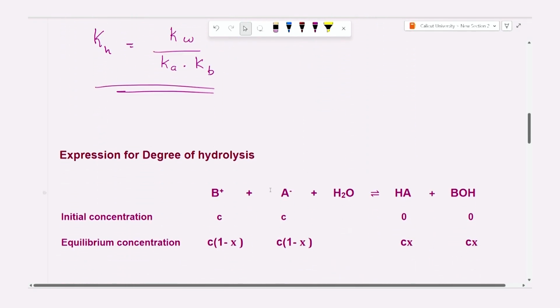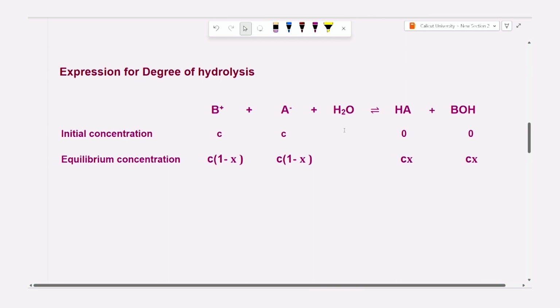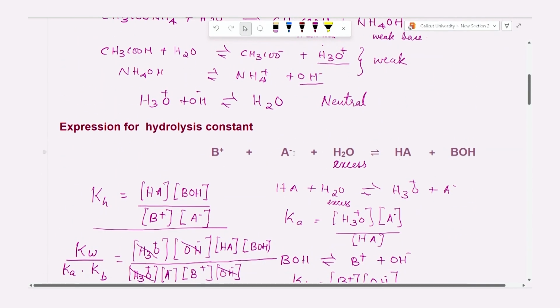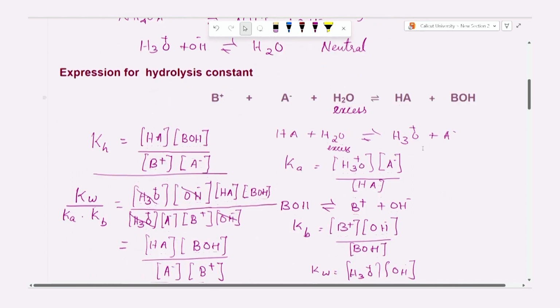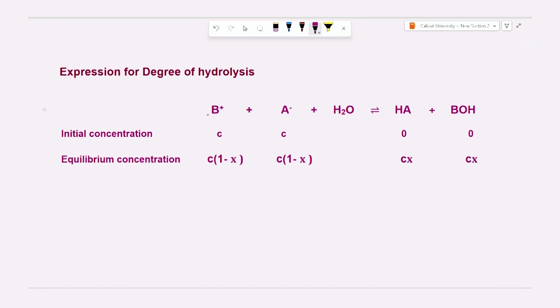Now, we have to derive an expression for degree of hydrolysis. Again, this expression comes from the first one we have written here, that is B plus plus A minus plus H2O gives HA plus BOH. The same expression is written here. Initial concentration, again we assume that BA is the salt which is written in the form of ions, and therefore, both will be having the same concentration as C moles per liter.